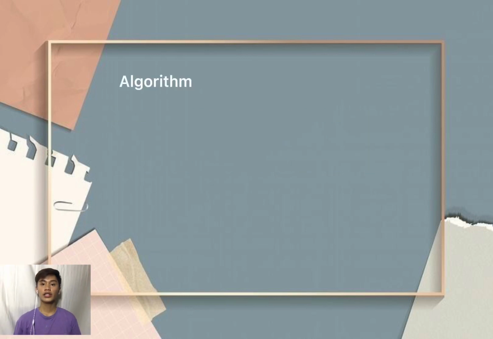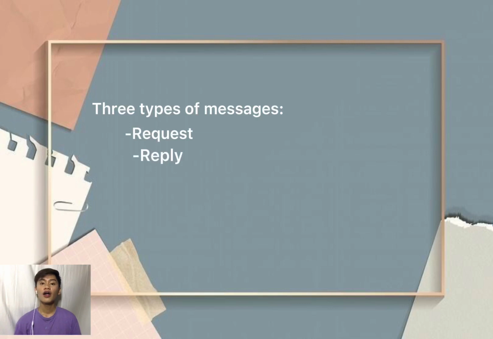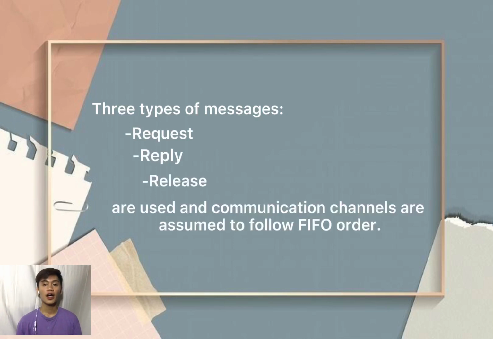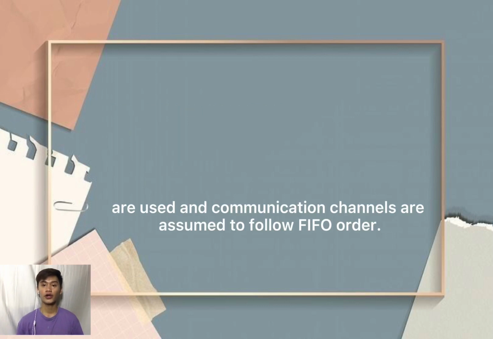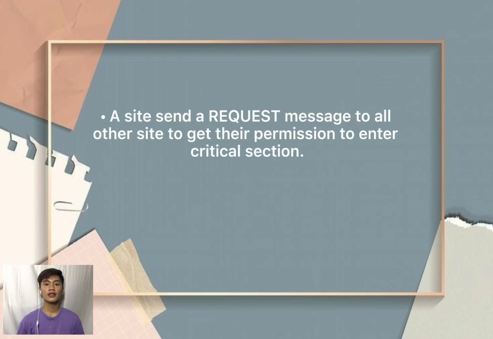In this algorithm, there are three types of messages: the request, reply, and release. The communication channels are assumed to follow FIFO order. A site sends a request message to all other sites to get their permission to enter the critical section.